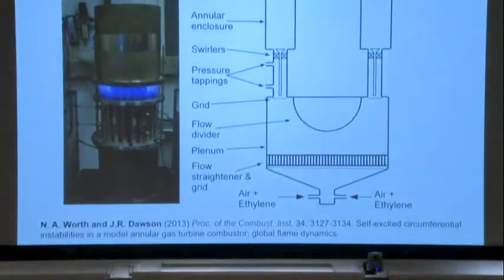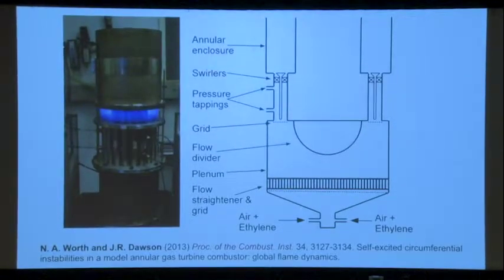Yeah. So this is their equipment. They have also a very large plenum here, and they have also this rod, a bluff body here. So the swirl number is not very large here. And much of the stabilization is due to recirculation behind that. We don't have that.